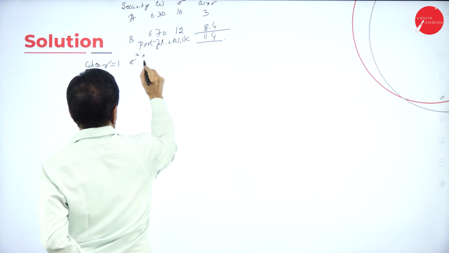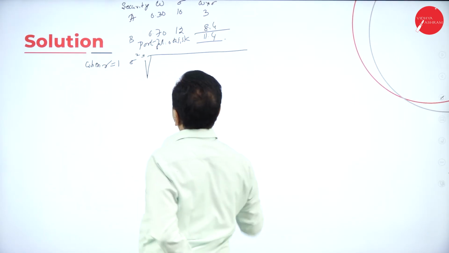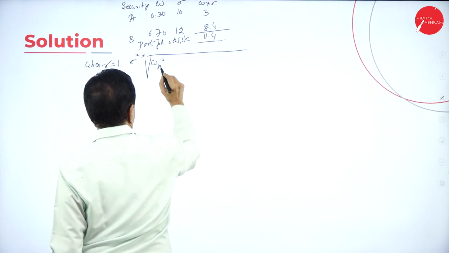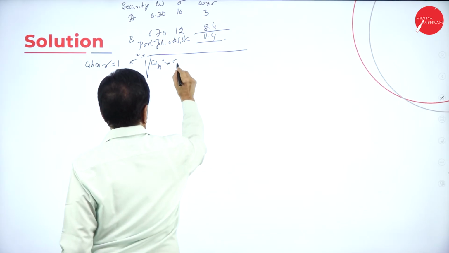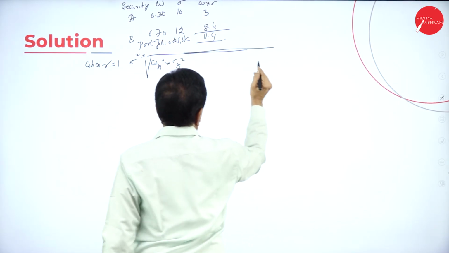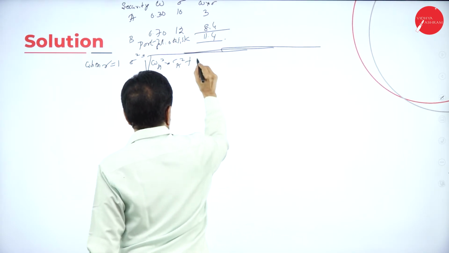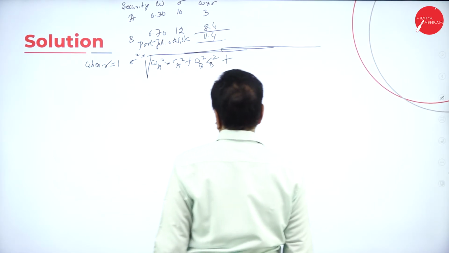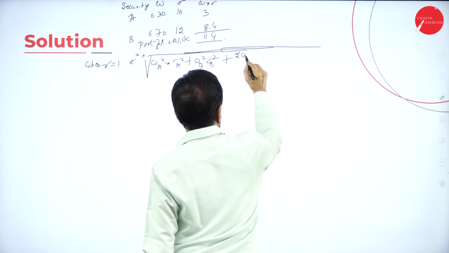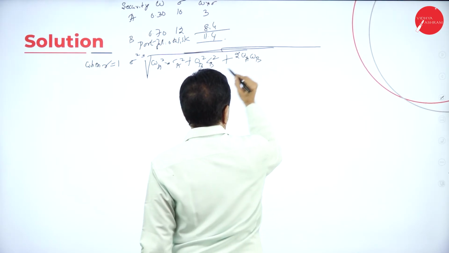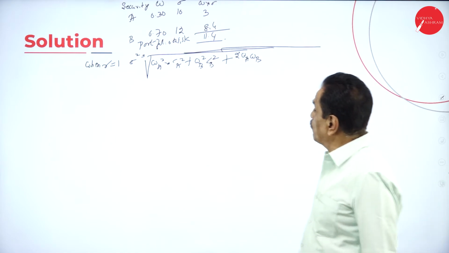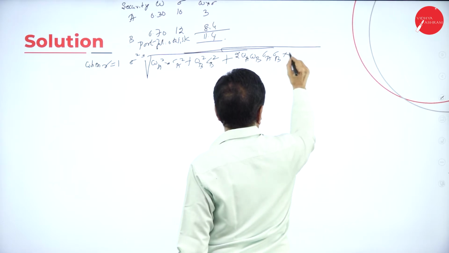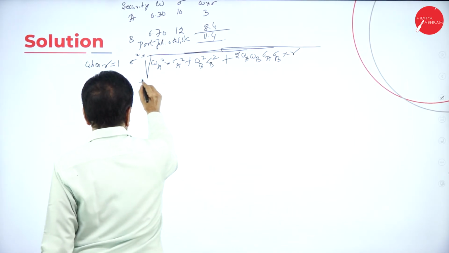Standard deviation is the square root of W_A squared into standard deviation A squared, plus W_B squared into standard deviation B squared, plus 2 into W_A, W_B, weight of A, weight of B, standard deviation of A, standard deviation of B into R. Slowly.